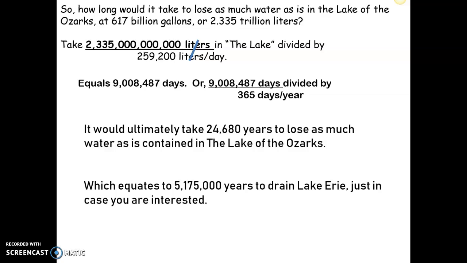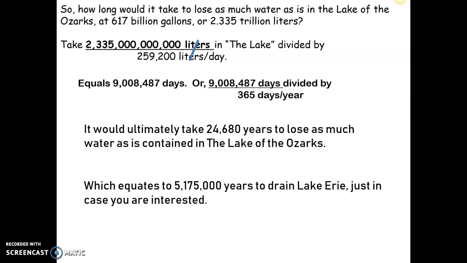Okay, so you take that many liters divided by how much we figured out we lose per day, 259,000 liters a day, divided by that equals about 9 million days. Yeah, that's a lot of days. It would take 24,680 years to lose as much water as contained in the Lake of the Ozarks.